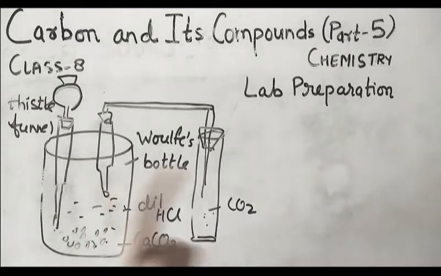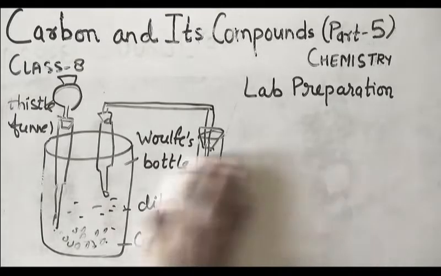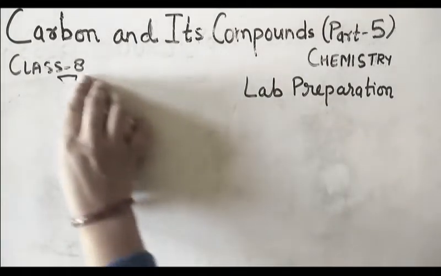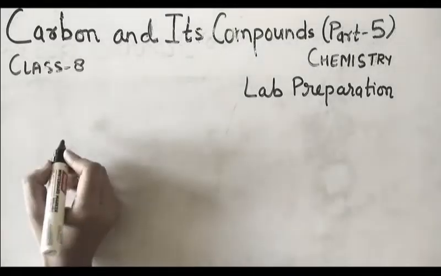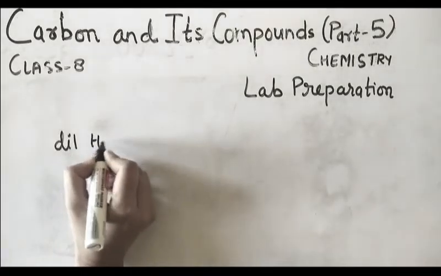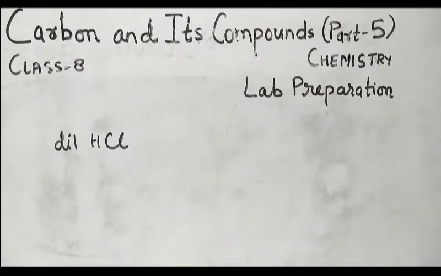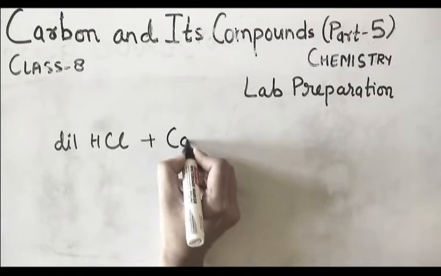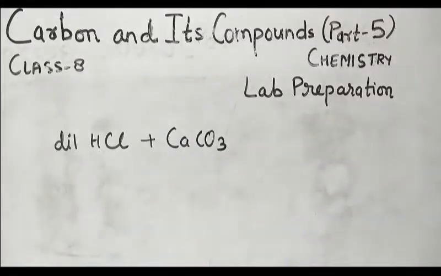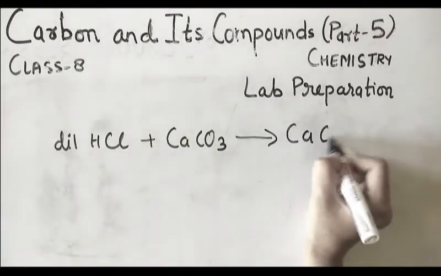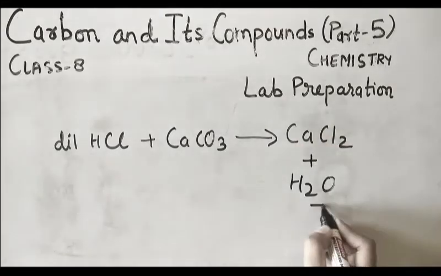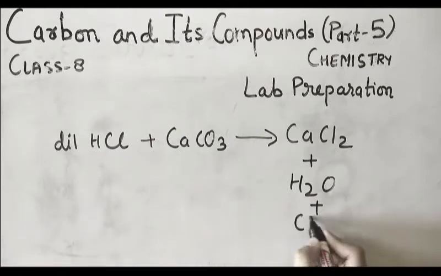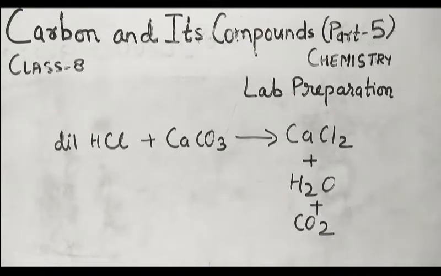So this type of laboratory apparatus is there, and let us see the reaction for this laboratory preparation. As I told you, dilute HCl will react with the marble chip, that means the calcium carbonate, and it produces calcium chloride, written as CaCl2, then H2O, water, and also the main gas of our laboratory preparation, carbon dioxide.